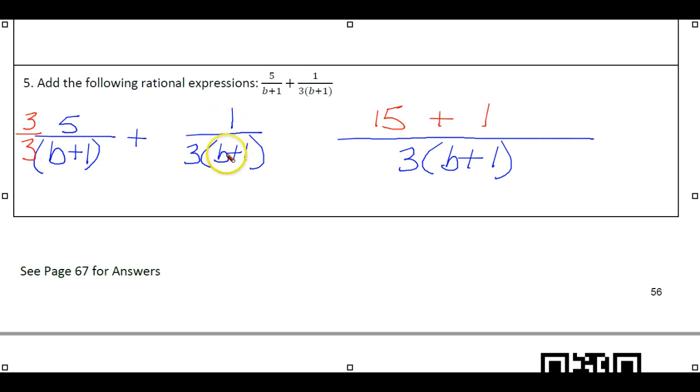We didn't have to change anything here. So this simplifies to 16 over 3 times (b plus 1). So again, they mixed a few more challenging ones with some relatively easy ones.